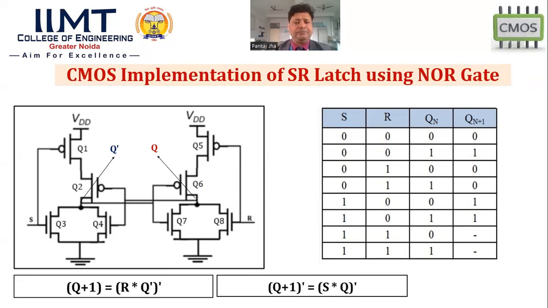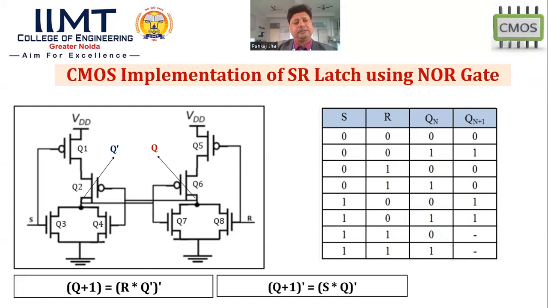So here we have generated two different equations, shown at the bottom of the table, that we have to implement in this particular circuit. For Qn plus 1 bar, I have implemented S into Q bar, and for Qn plus 1 it will be R into Q bar, the whole complemented.